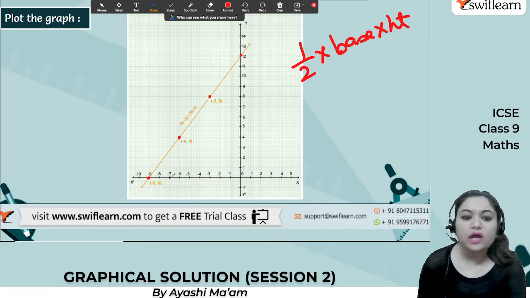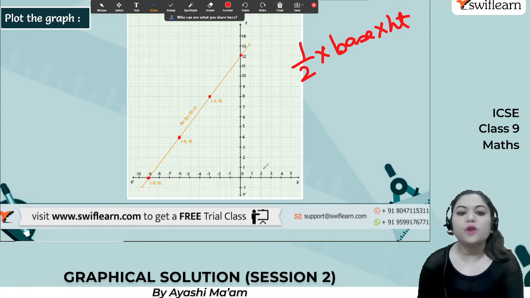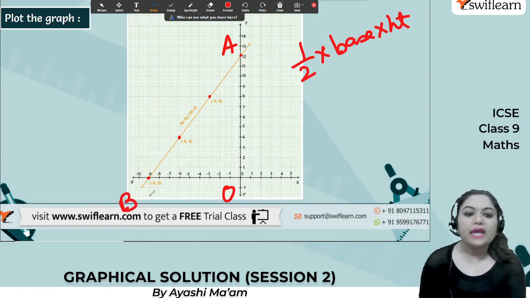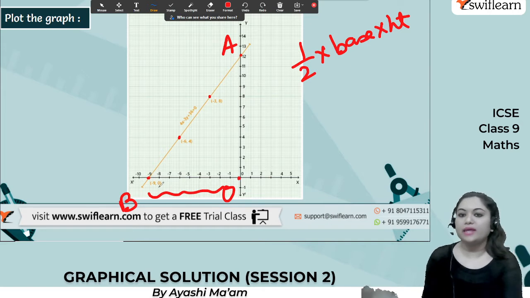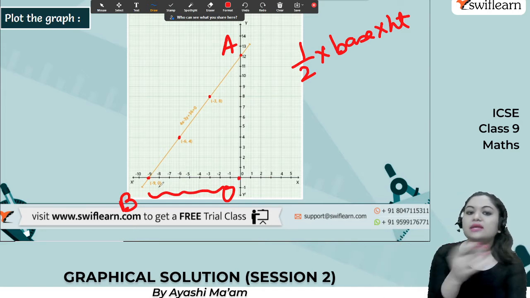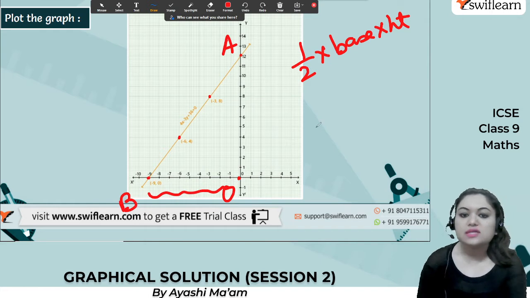So you can find out the base of the triangle. See, this is forming a triangle, suppose AOB. Just imagine, then this is your triangle, right? Then you can find out the base. From 0 to here, it is minus 9, because it is towards the left hand side of 0. So this is actually 9 units, from 0 to 9.